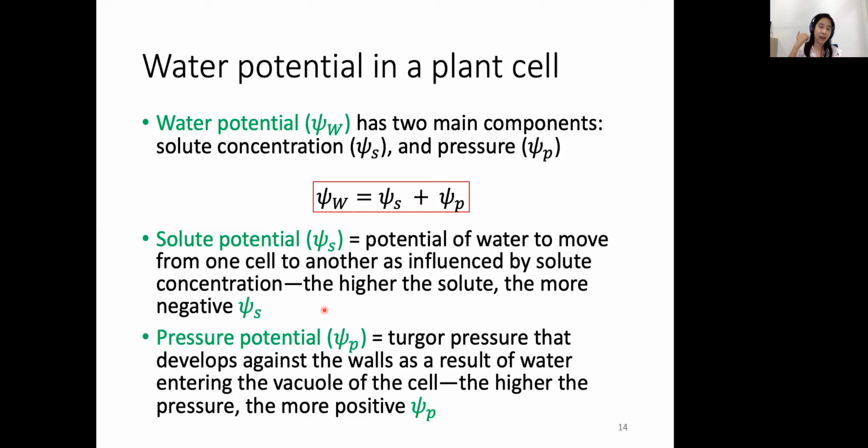Again, if you have a lot of solute, then you have negative values of psi S. Pressure potential is a turgor pressure that develops against the wall as a result of water entering the vacuole of the cell, or just think about water entering, forget about the vacuole. And the higher the pressure, the more positive psi P. All right.